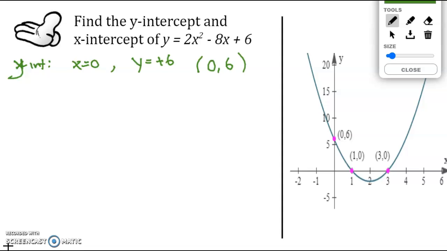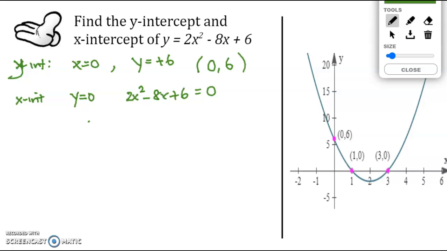Okay, what about x-intercept? To do that, we set this equation. The y is going to be 0 in this case, because x-intercept always has the y value to be 0. So that's going to be 2x squared minus 8x plus 6 is equal to 0. Now let's factor this.